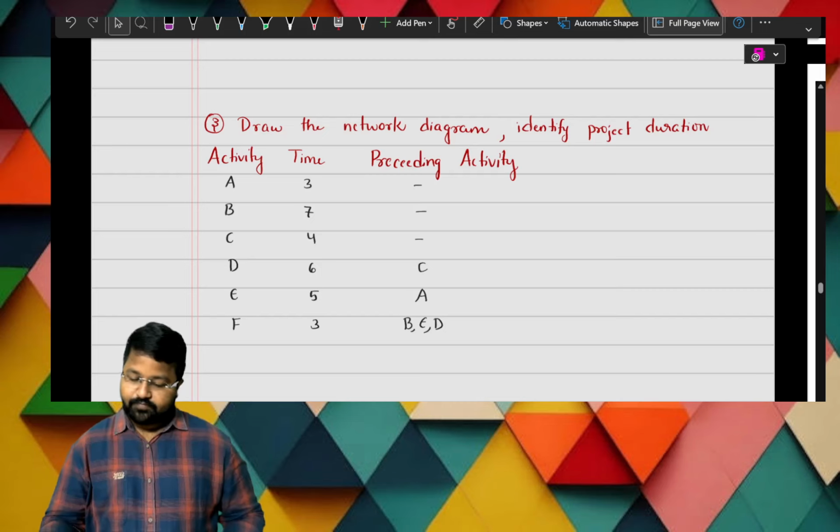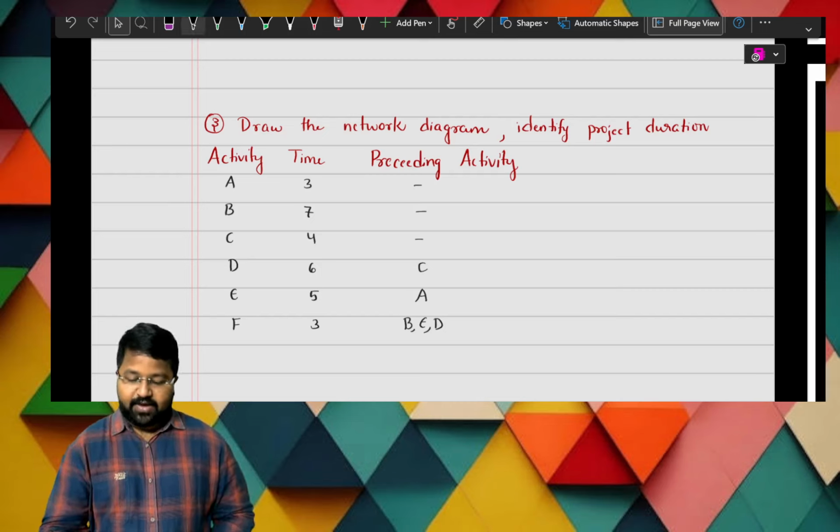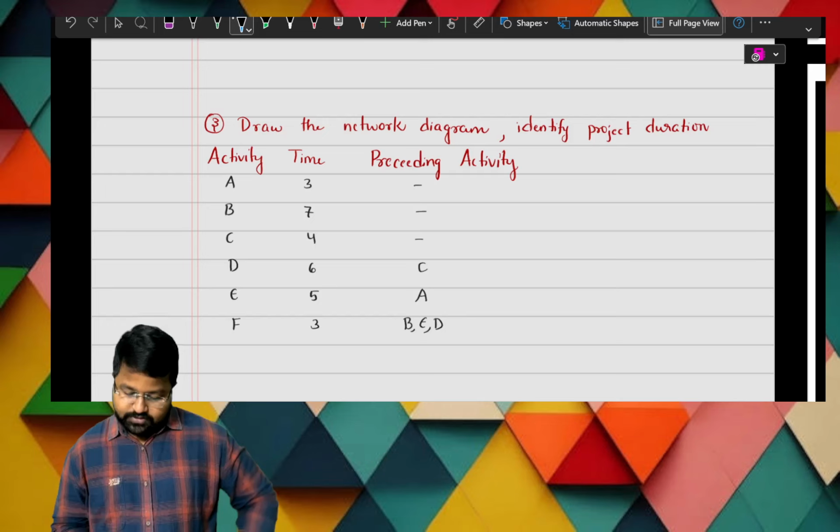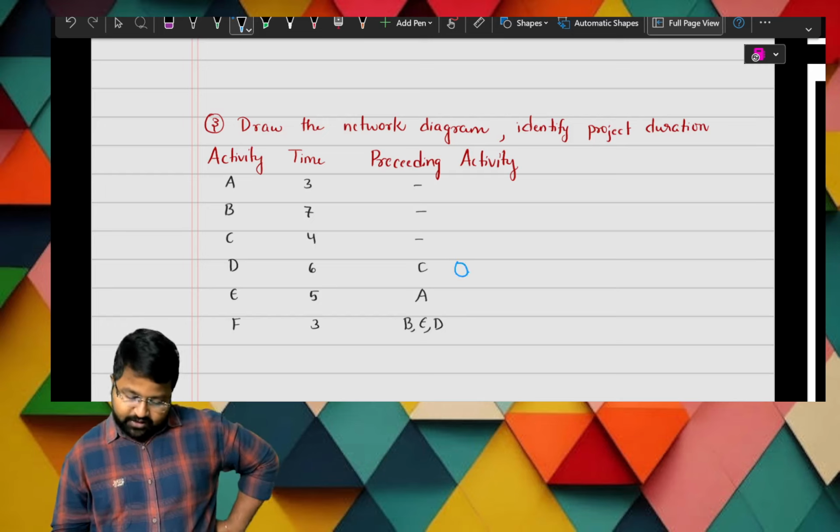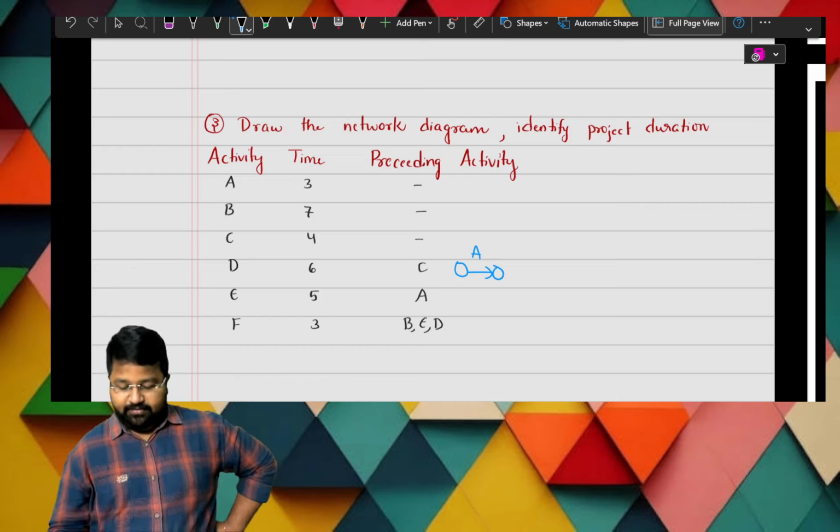So what are the paths we are having? What are the alternatives we are having? Let us draw them. There is an activity A. Is there any preceding activity? There is no preceding. Next, activity B. There is no preceding. Activity C. There is no preceding.